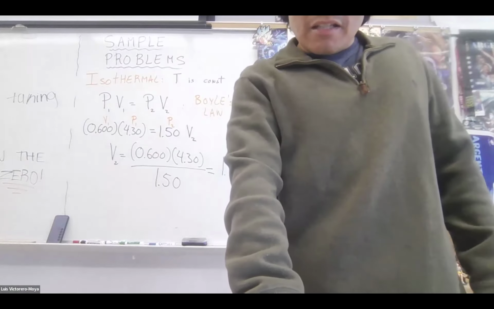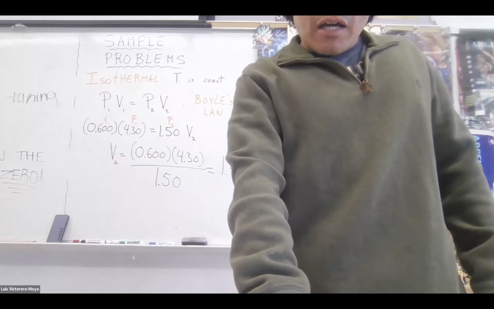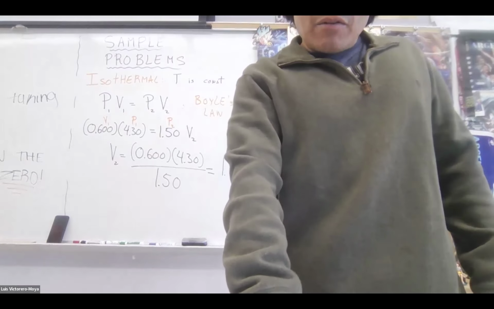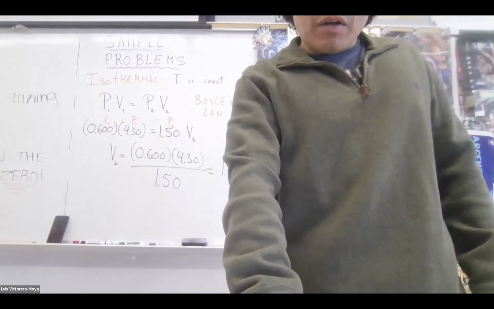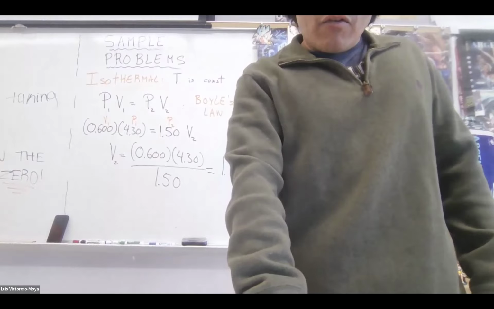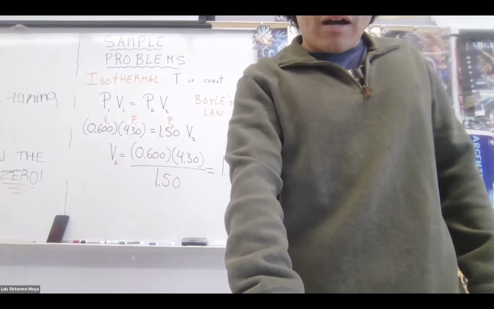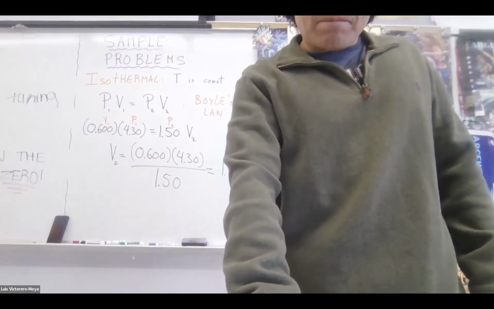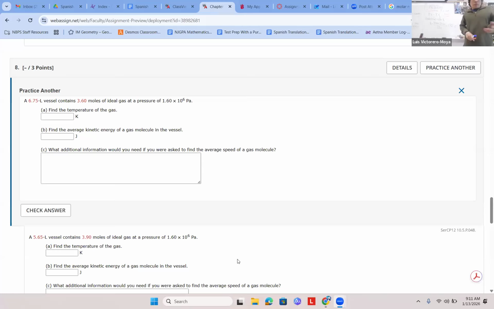All right. Then there's another problem where they give you a vessel with a volume in liters. Let's take a look at what happens when you have a problem like that. They give you a 6.75 liter container with 3.60 moles and a pressure in pascals.